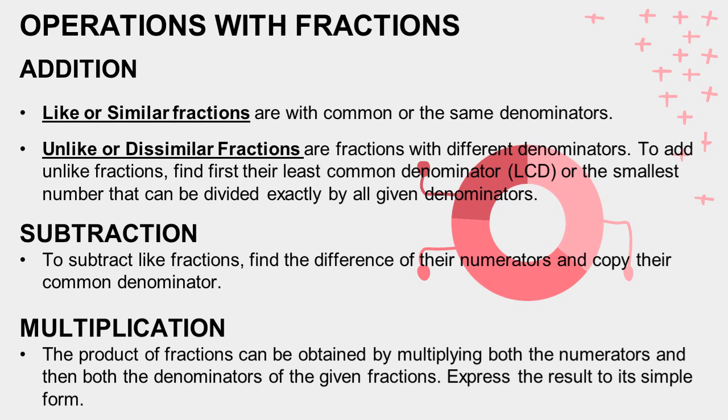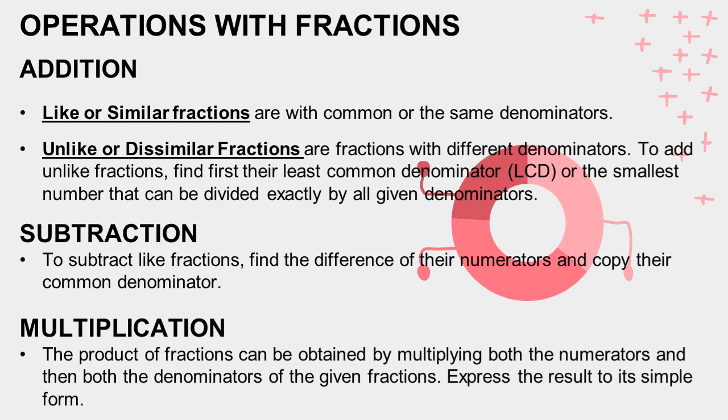Okay, next, subtraction. To subtract like fractions, find the difference of their numerators and copy their common denominator. Next, multiplication. The product of fractions can be obtained by multiplying both the numerators and then both the denominators of the given fractions.